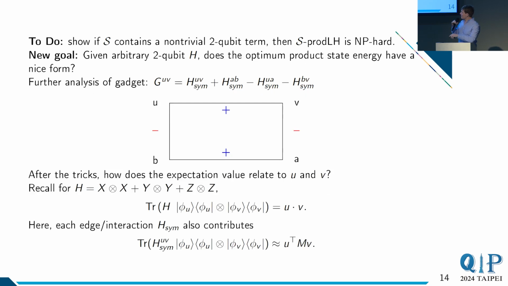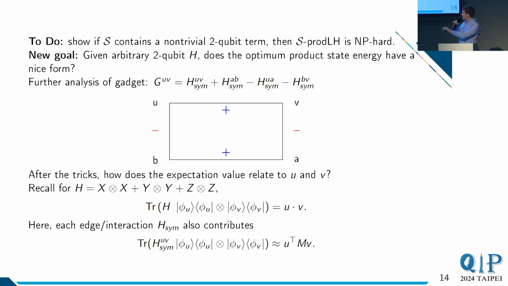And just recalling back to the previous slide with the XYZ interaction, we saw that the energy is related to u dot v. And in this gadget, each edge individually is also related to an inner product of u and v, except with this transformation matrix that depends on some of the coefficients of the term.